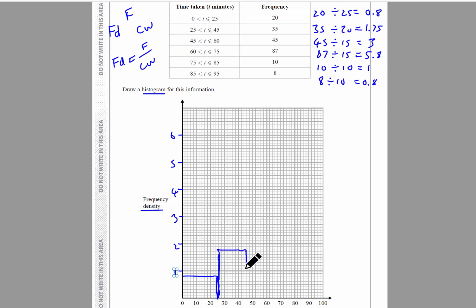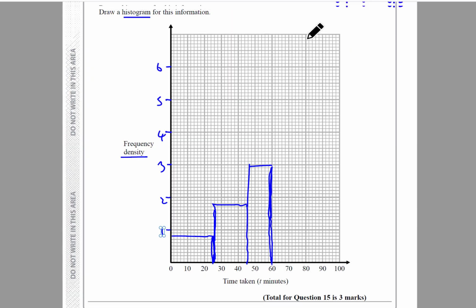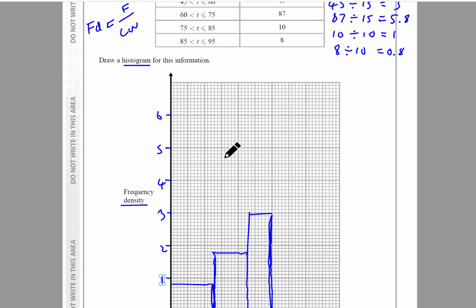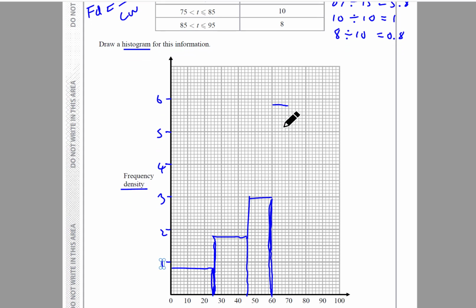Do use a ruler, so you get the idea. 45 to 60 is 3. 60 to 75 is 5.8. Now where is 75?